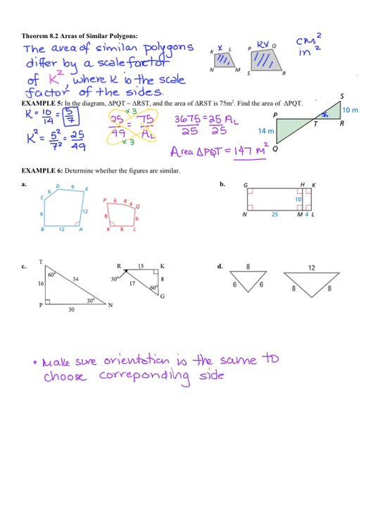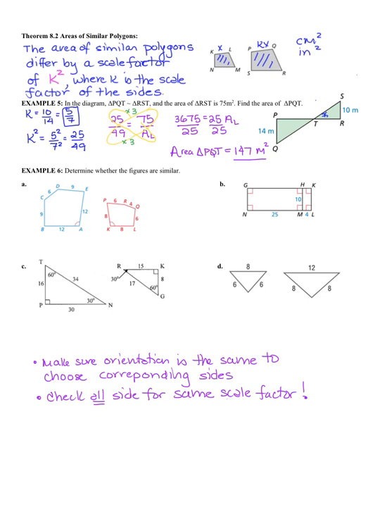And also, when you have multiple sides, make sure you check all sides for the same proportion, for the same scale factor. Okay? This is important. And there is a nice, short, kind of quick way to do this.